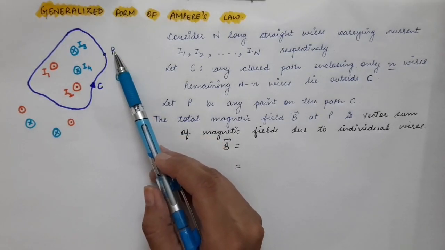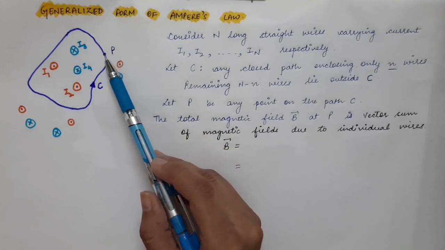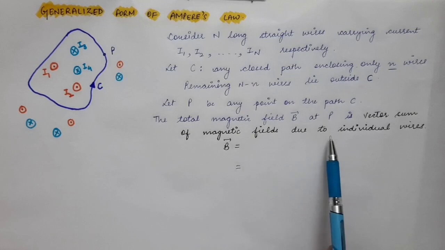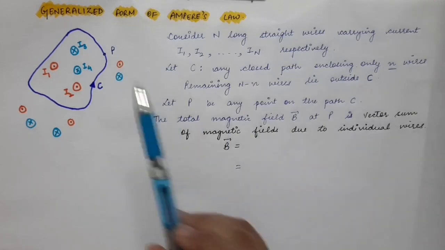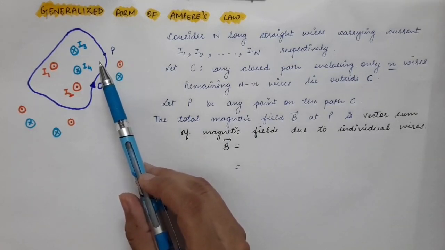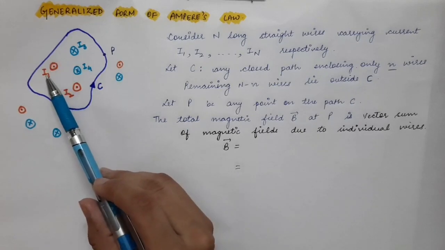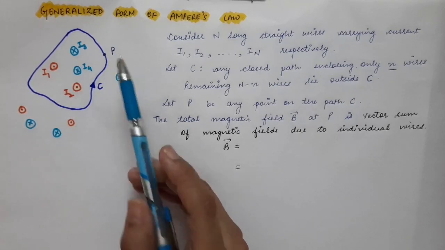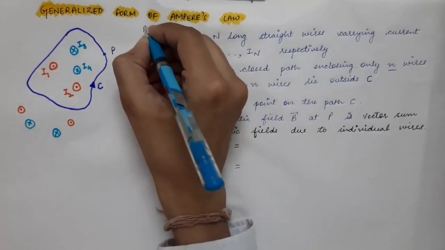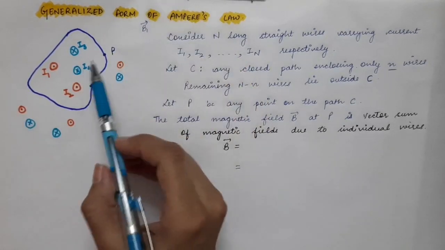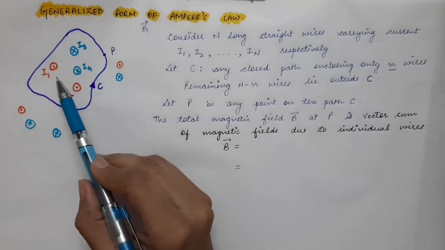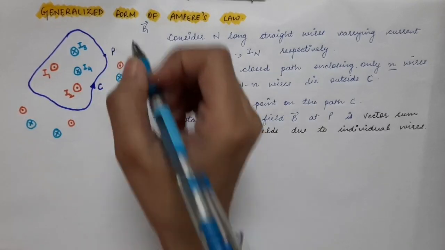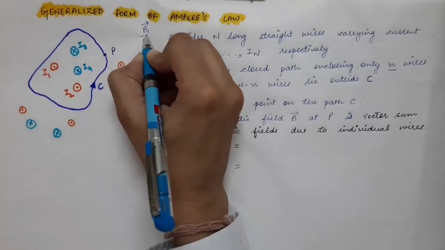The net magnetic field at this point P will be the vector sum of the magnetic fields due to the individual wires. Let's say due to I1 the magnetic field at point P is B1 vector. Due to the second wire the magnetic field at the same point P is B2 vector.